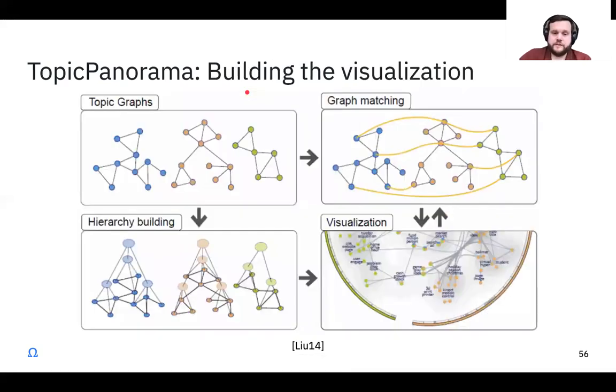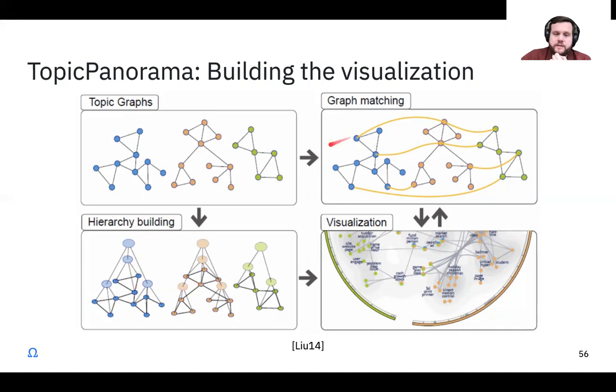And here is a nice visual decomposition of how we can arrive at a visualization like this. We create topic graphs for each of those providers separately. Then we branch out. In one branch, we build a topic hierarchy. That gives us this nice compound graph, and we can start zooming in and out.